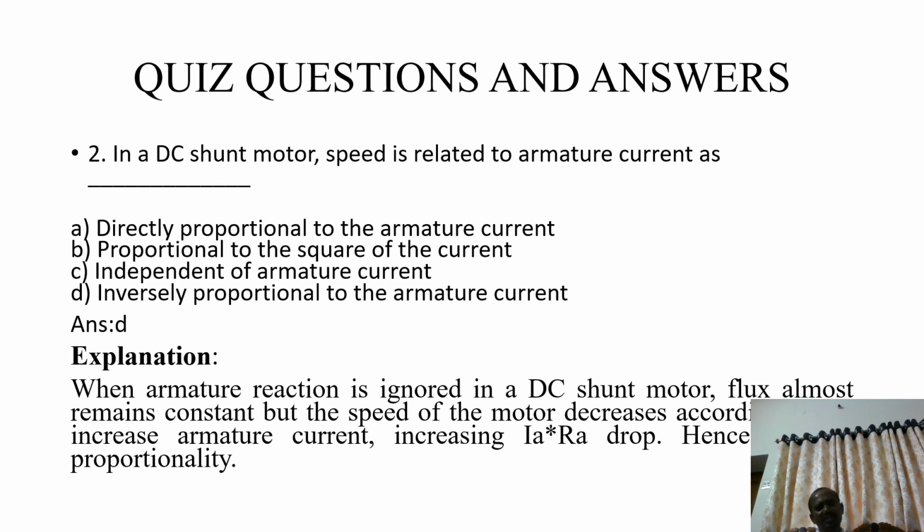Which answer from A, B, C, D is correct? Answer D is correct. Speed is inversely proportional to the armature current.